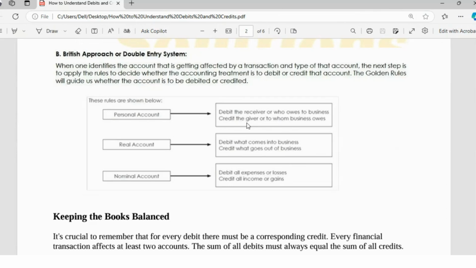And nominal account, when we say nominal account, like all your revenues and expenses and incomes and gains, expenses and losses, all these accounts will be part of your nominal accounts, and you will debit all expenses and losses, whatever losses and expenses we are incurring in the business, and you will credit all incomes and gains as a part of revenue, gains and any incomes that we get, will credit those as a part of nominal accounts.